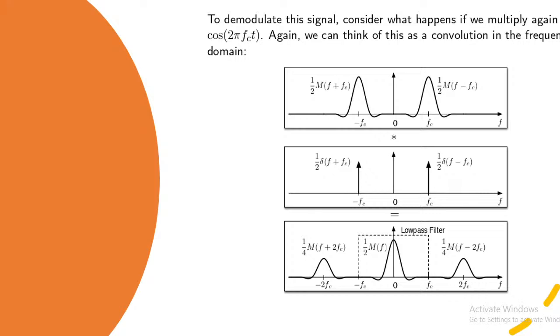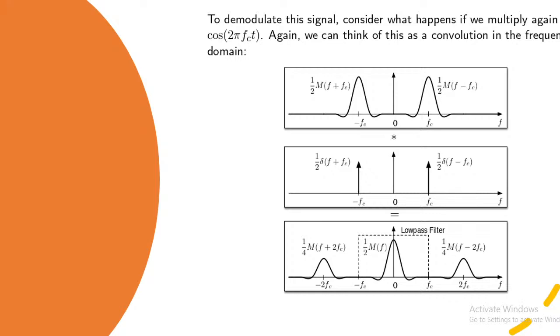To do that, we convolve again with the cosine, which has impulses at minus fc and plus fc. When you convolve that with the top signal, what will happen?